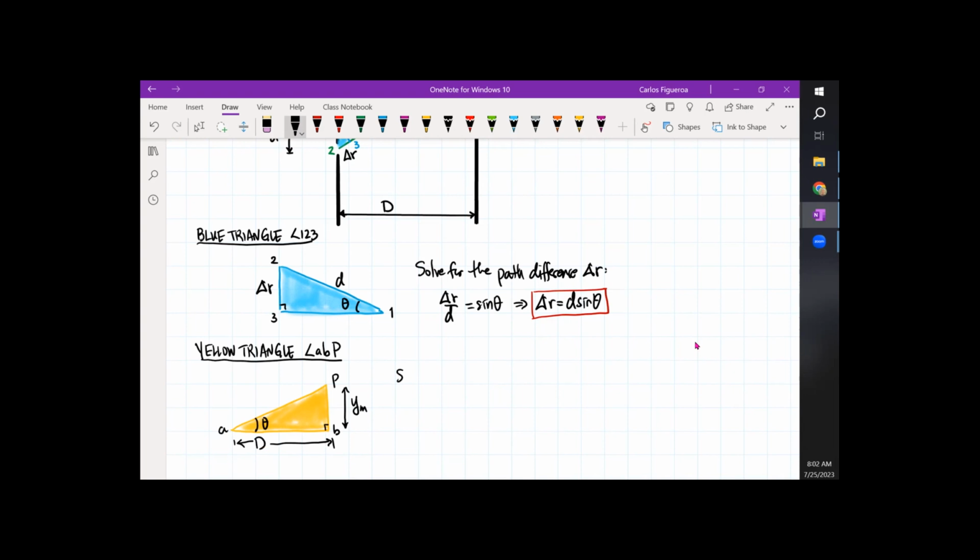So now I can solve for the screen location of the fringe. So in this case, this guy here is going to be the tangent, which will be y of m over big D. That's going to be tan of theta, which then gives me the relationship y of m is equal to D tan theta.